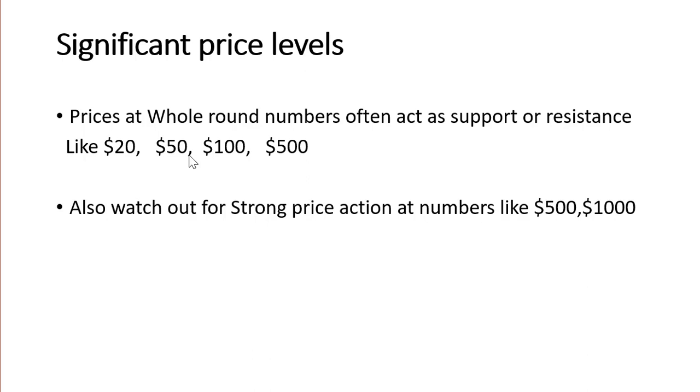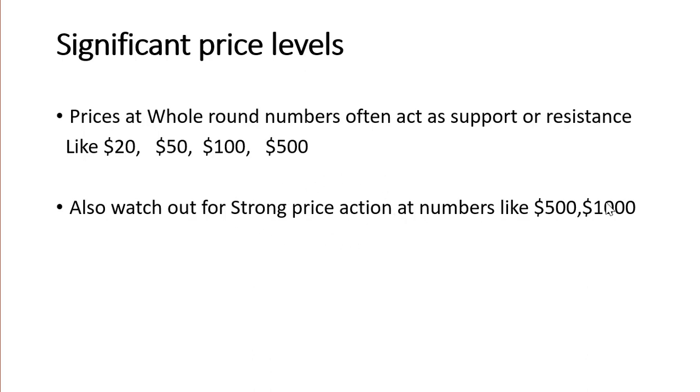I will not be targeting buying at 23.13 and selling at 27.50. Orders eventually pile up on the round numbers, like buy at 20, sell at 50. When you start analyzing a chart, you might see major price action happening at these whole or round numbers.